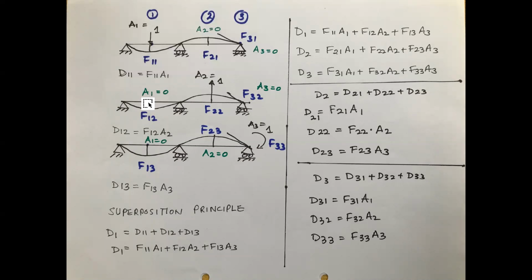What is 1? 1 is the location where I want to calculate the deflection. 2 says where I have applied the unit force or unit action in the second case, because we have to consider the effect of all the forces. So first we have already included F11, F21, F31. See what is the meaning of assigning this kind of subscript?